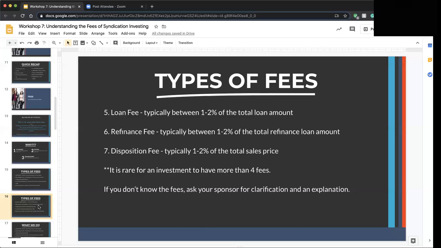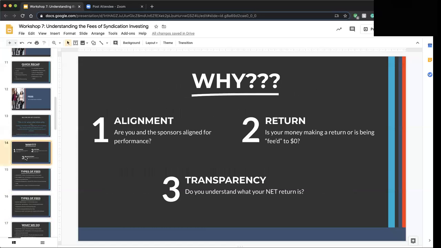All right. So just a little asterisk, we went over 7 fees, guys. It's pretty rare for an investment to have more than 4 fees. Why is that? That goes back to this slide that we talked about here: if a sponsor has all 7 fees in their pro forma, do you have alignment? That would be the question I'd be asking myself.